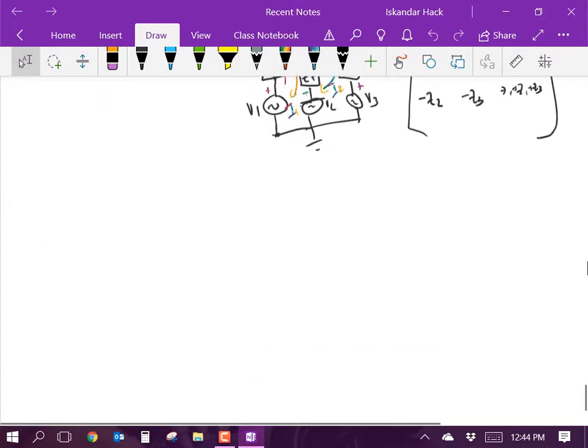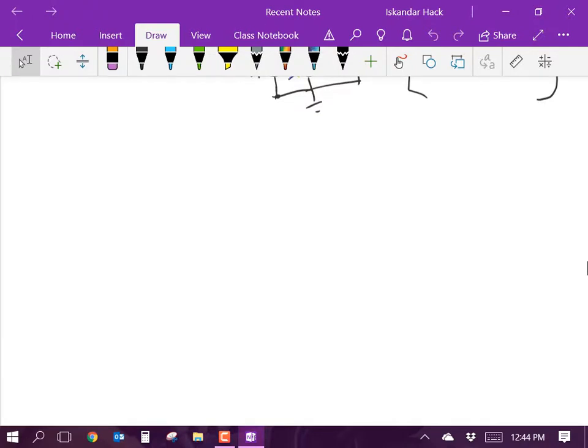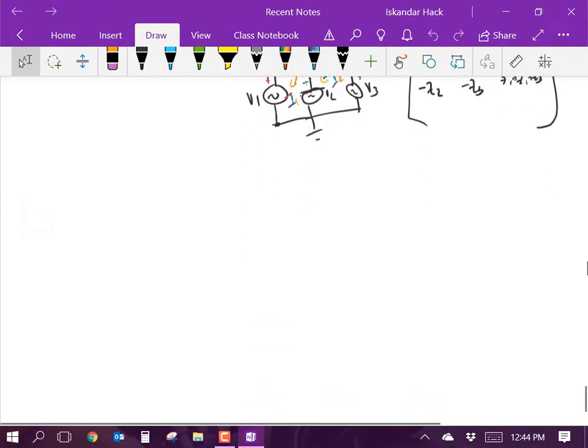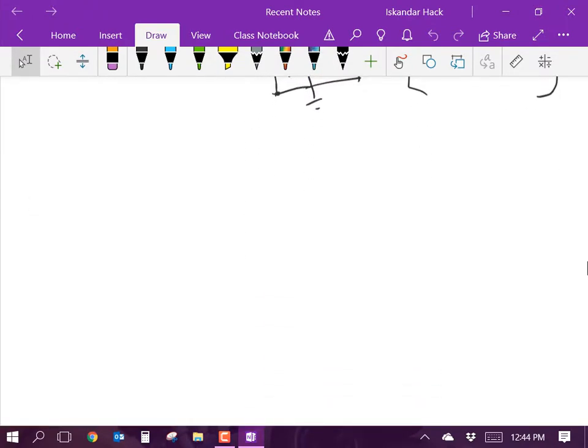So, once you do this, the way that I normally would do this in MATLAB is that I would say Z1 is equal to something, Z2 is equal to something. Z3 is equal to something. I'm just going to put it over here just to save room.